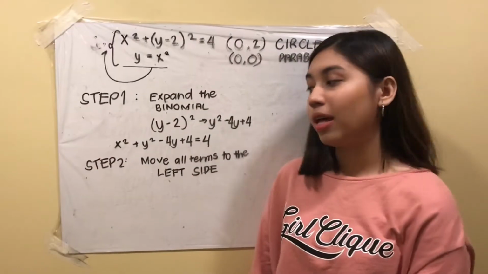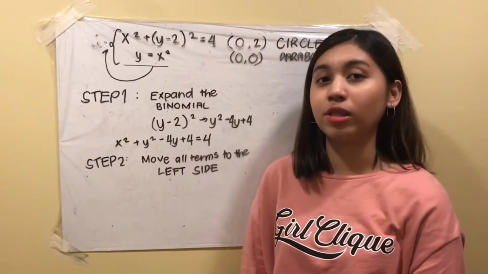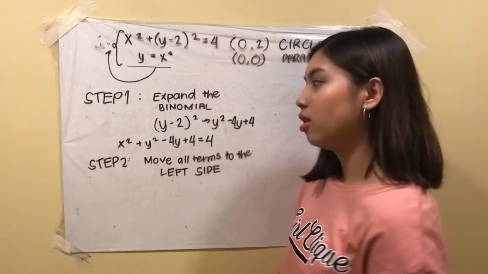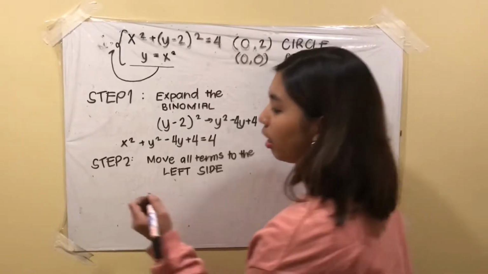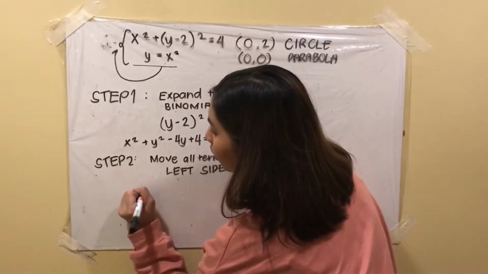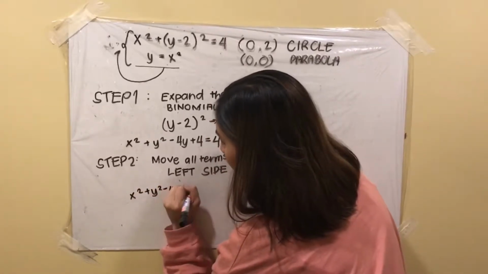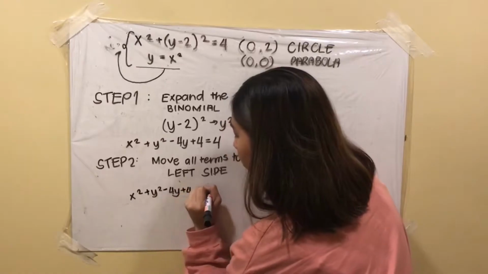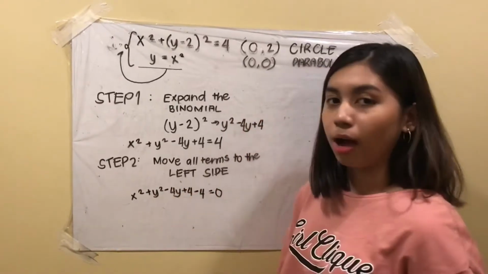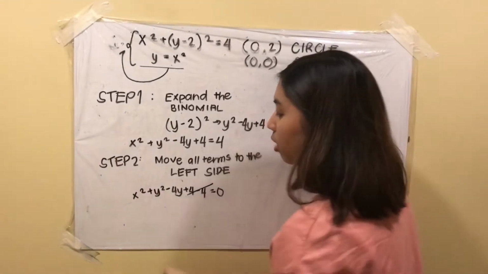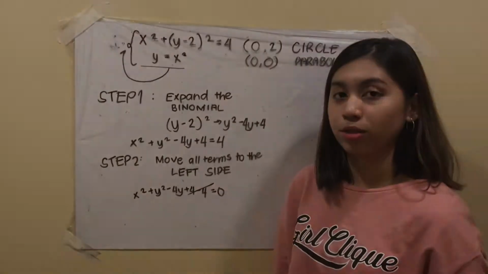The second step is to move all terms to the left side of the equation. So the equation would now be x squared plus y squared minus 4y plus 4 minus 4 equals 0. And now we cancel this out since 4 minus 4 is equal to 0.